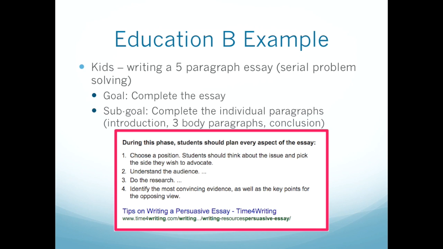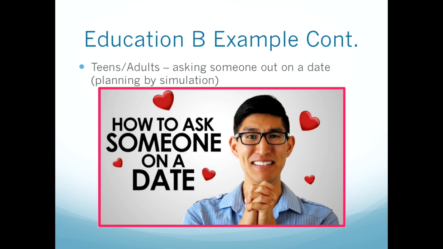And then to break that down further, you would know in the introduction you would need to actually introduce your topic, and then in your thesis you would have the topics for the 3 body paragraphs. And then for the 3 body paragraphs, you write about those topics, and in the conclusion, you would tie everything together.